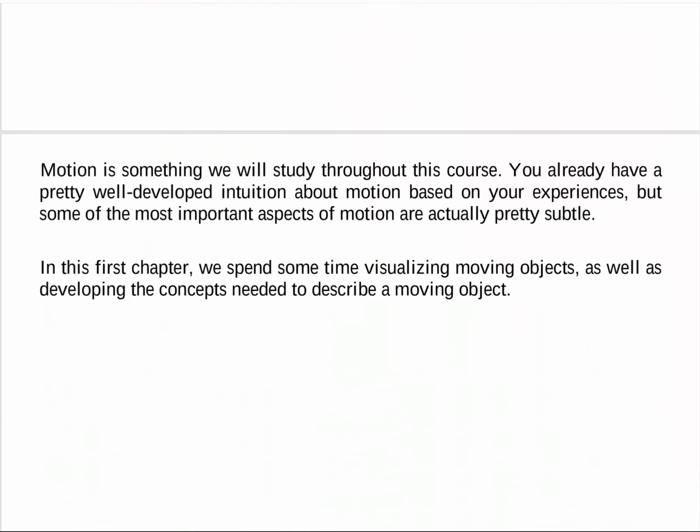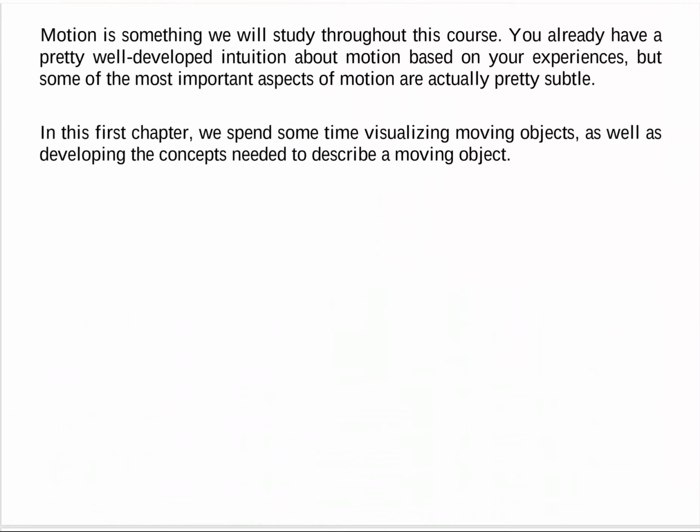Okay, so motion is something we're studying all the time, okay? As I said on day 1, there's 2 sides to this class. It's the study of things that are in motion, dynamics, and the study of things that are sitting still, statics. Okay, both of those things. So motion, we study all the time.